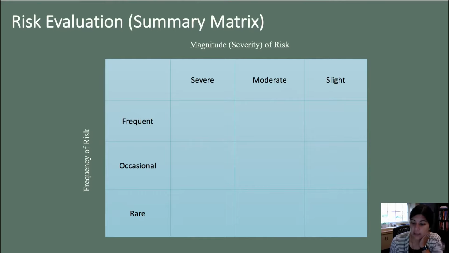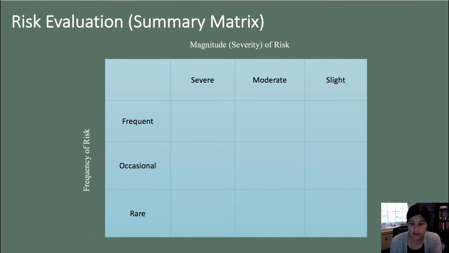Okay, so one way that we can actually prioritize our risks after we have ranked them in terms of frequency and severity is by using what we call a summary matrix. So this is a really handy chart that we can use to actually visualize the risks in our organization, and then from there we can actually prioritize which risks we're going to attack or treat first.